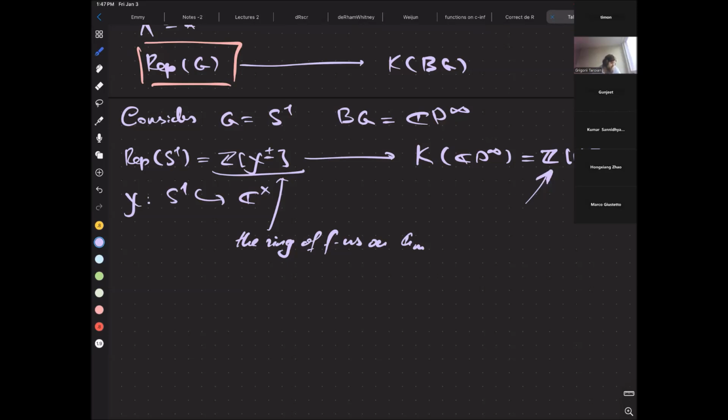And, well, this is the ring of functions on the formal completion of G_m at the identity. So this thing is just the same as taking the formal germ.